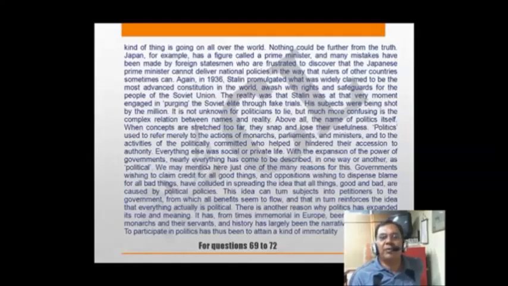As for a figure called a prime minister, many mistakes have been made by foreigners, as the Japanese cannot deliver national policy in the way others do. So that means every country has different ways.